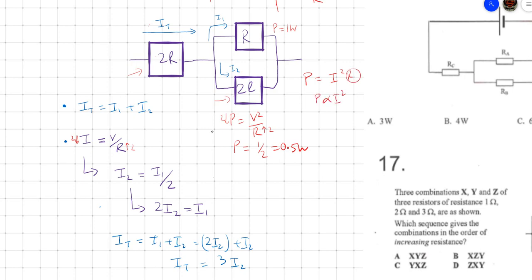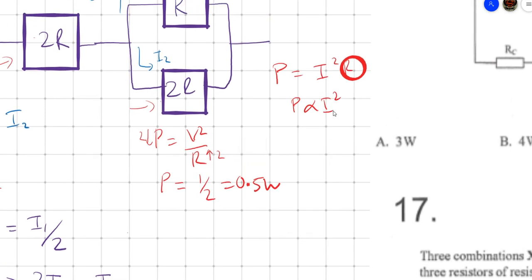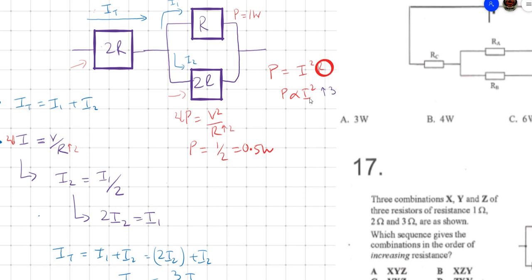We are increasing the current by 3, because we want to see what happens to the power in this resistance when the current is the total current.